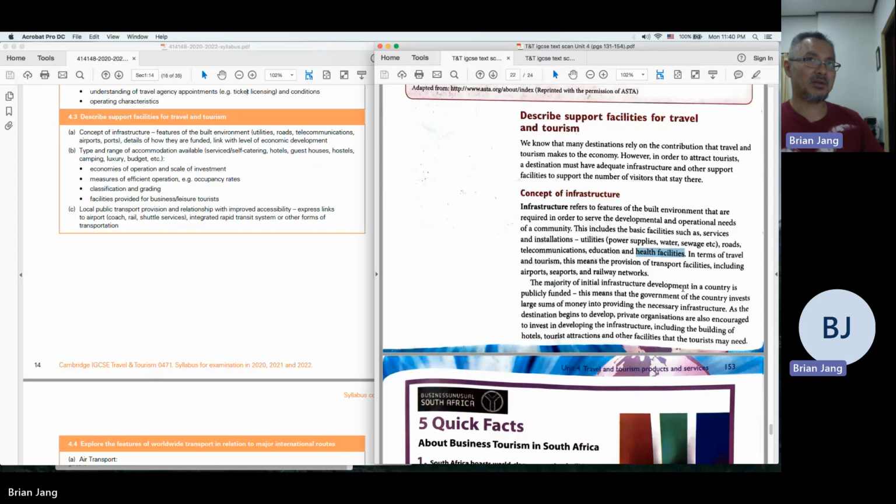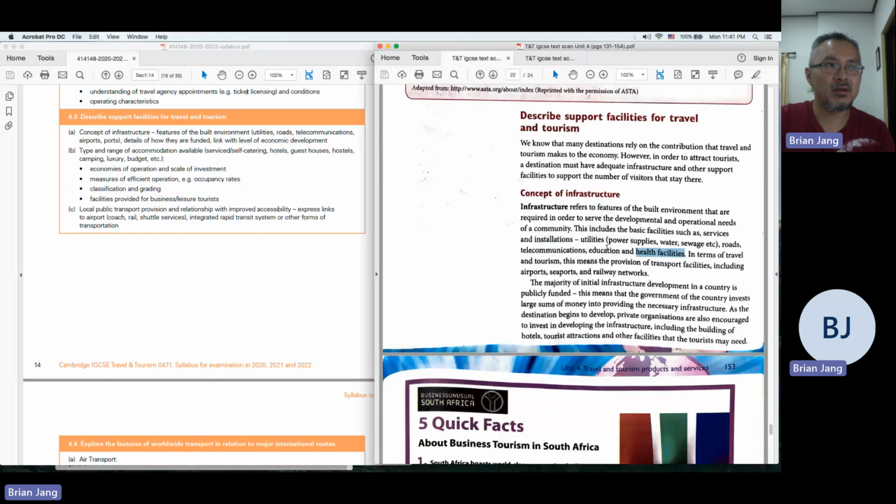Because if you don't have roads and bridges and airports and ports and ferries and boats and cars and public transportation, it is not possible to be traveling within or to a destination.